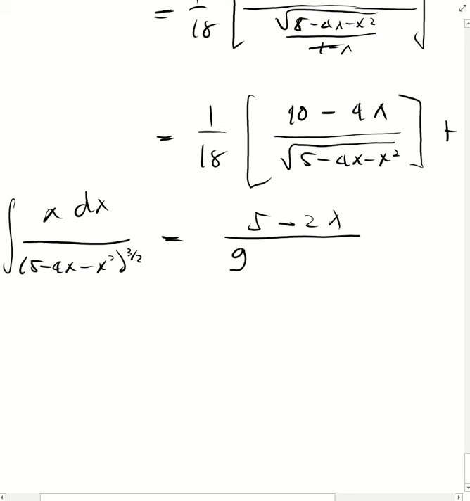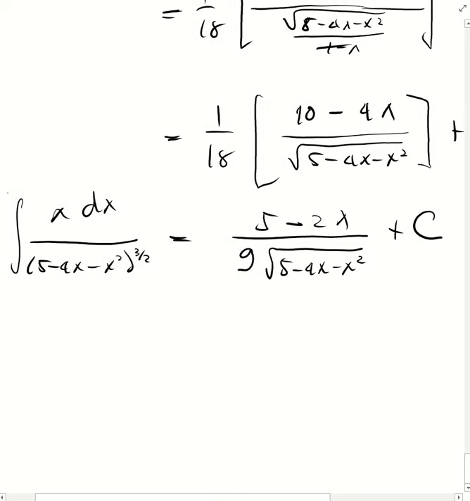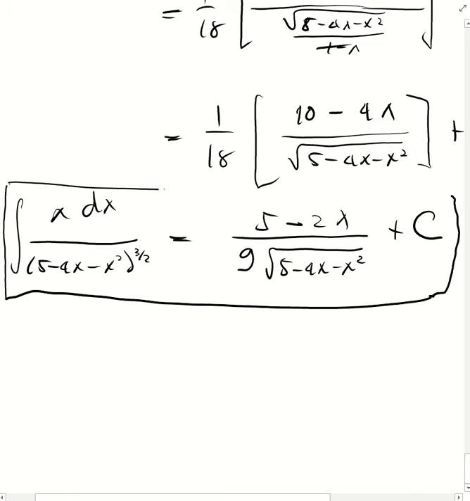We factor out that 2, we divide it with 18, so it should be 9. That's the square root of 5 minus 4x minus x squared plus c. And this will be our final answer. Okay, so that is rationalizing substitution.